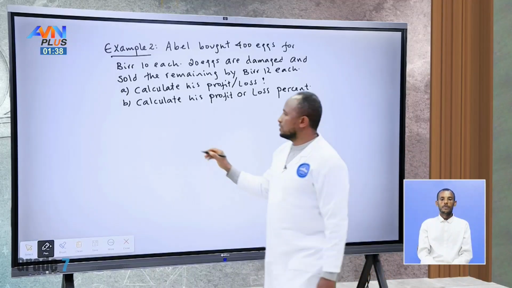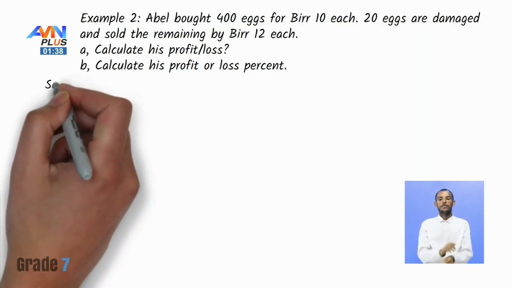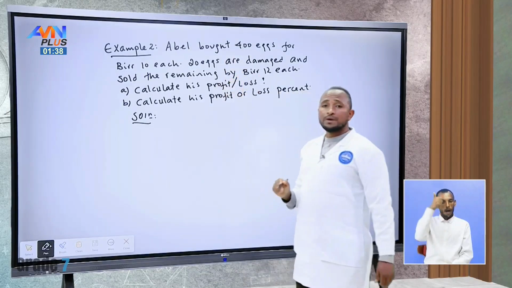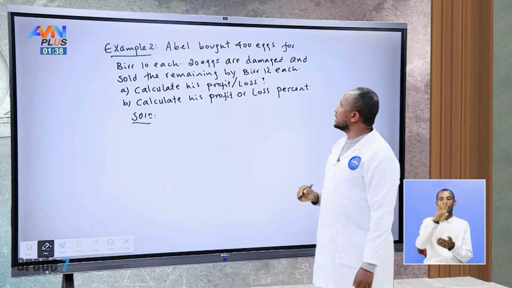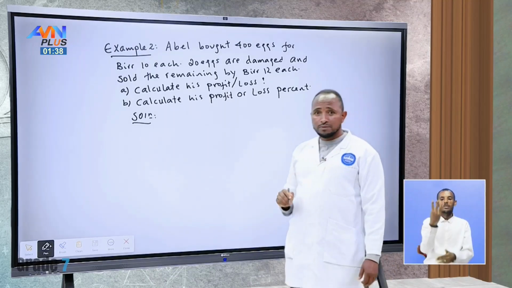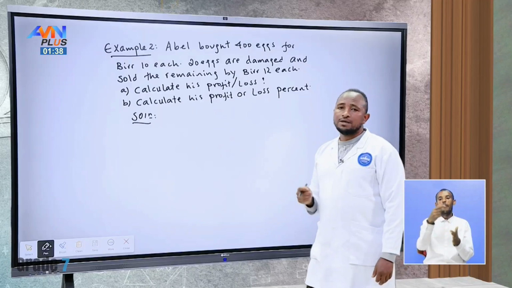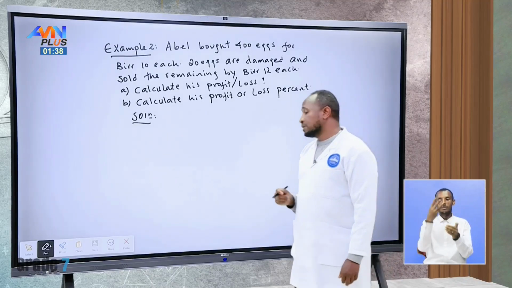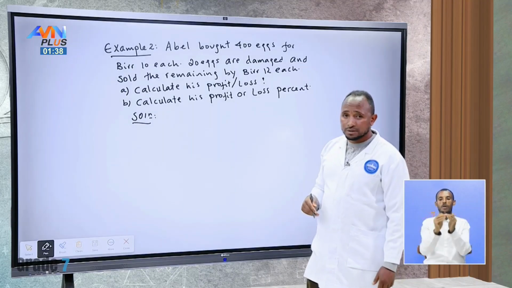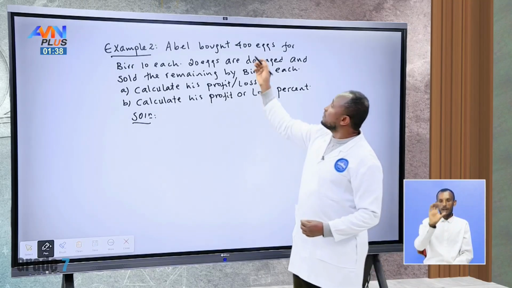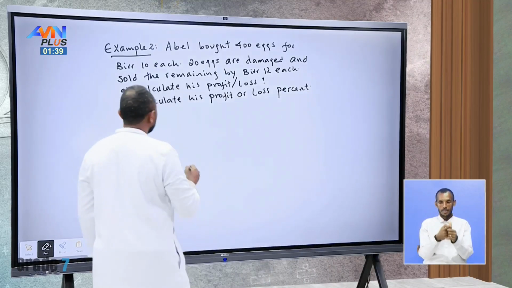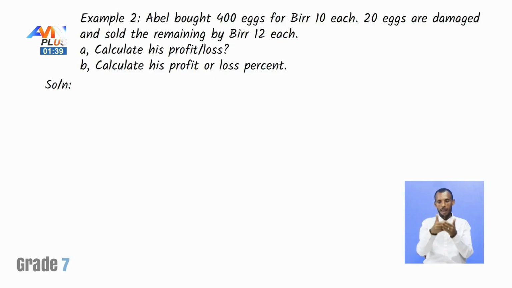Look, solution. Abel bought how many eggs? 400 eggs. What is the cost of each? The cost of each is 10 birr. That means the cost of one egg is 10 birr. Therefore, the cost of 400 eggs will be the product of 400 and 10. So here, let's first put the cost price.